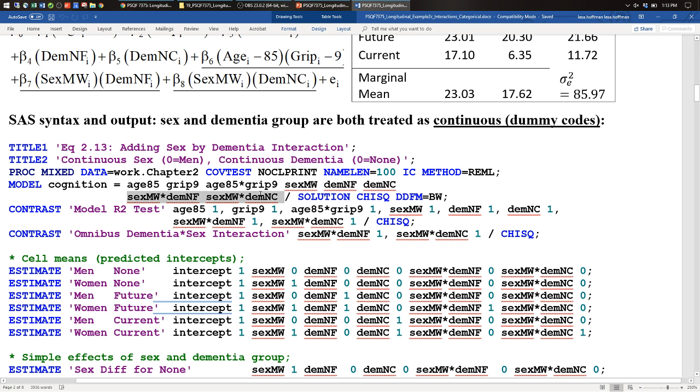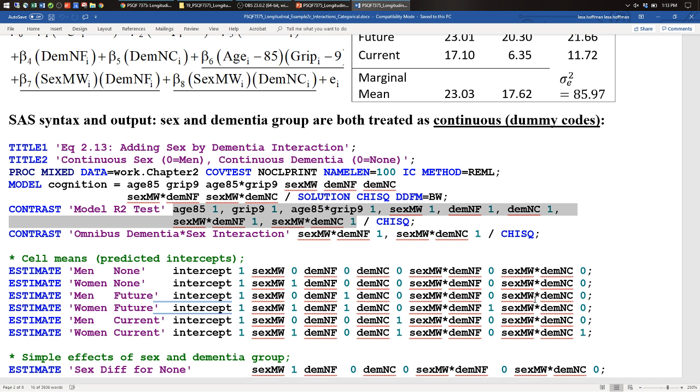So here are the 2 new interaction terms in my model. Here is how you would ask for the overall test of the model. So in regression terms, this would give you the F-test for whether your R-square is significant. It is asking for 1 of each of the possible betas in the model, separated by commas to indicate the numerator degrees of freedom.